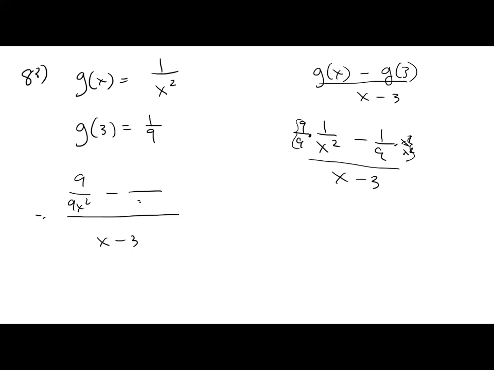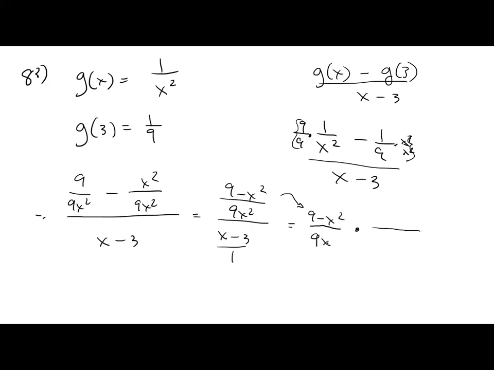I have a 9x squared and x squared here. So if I do that, I get myself this right here. And then what I do is something called keep change reciprocal, or keep change flip. So this guy's going to stay exactly the same. It'll be 9 minus x squared over 9x squared.